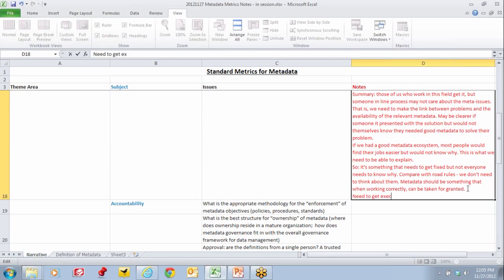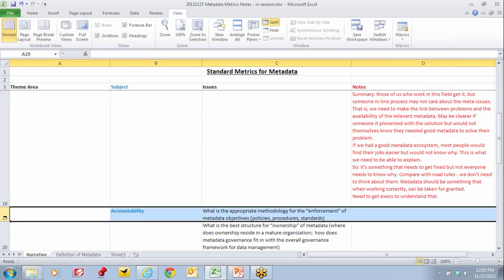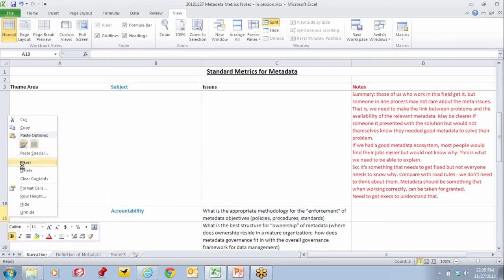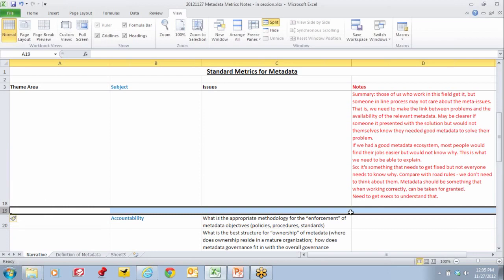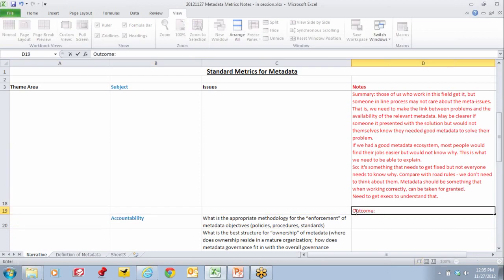I would actually say that if we had a good metadata infrastructure and ecosystem, most people would find their jobs easier and more enjoyable, but they wouldn't know why. Don't we have an obligation then to explain that, or we're going to be stuck with this secret that we need to address? Right.